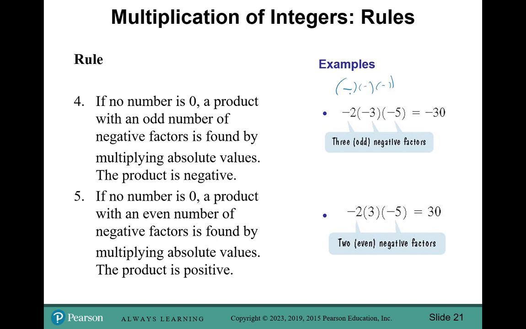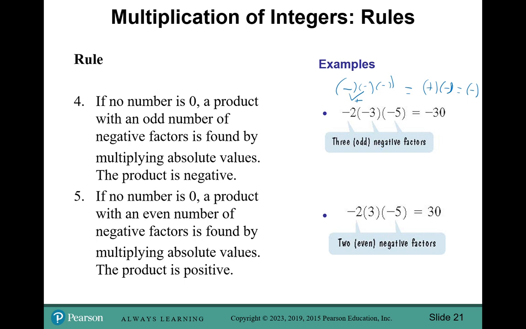A negative times a negative is a positive, which simplifies this to a positive times a negative after you do a little bit of work. And a positive times a negative we know is a negative. So if you have an odd number of negative factors here, you're going to wind up with a negative number.